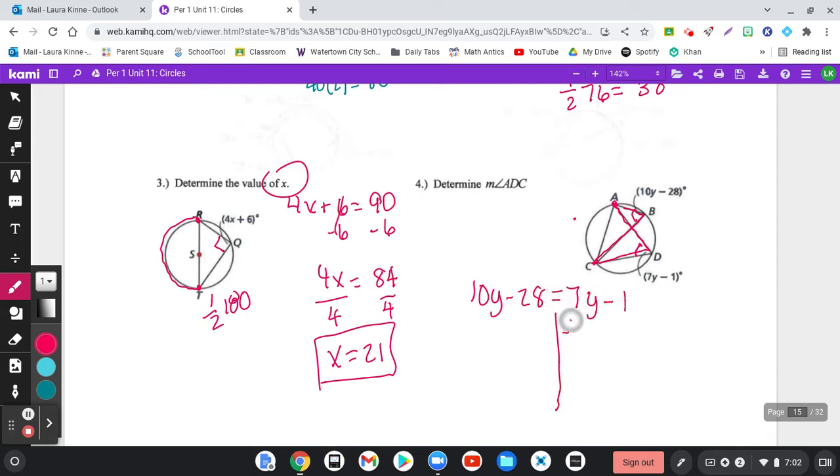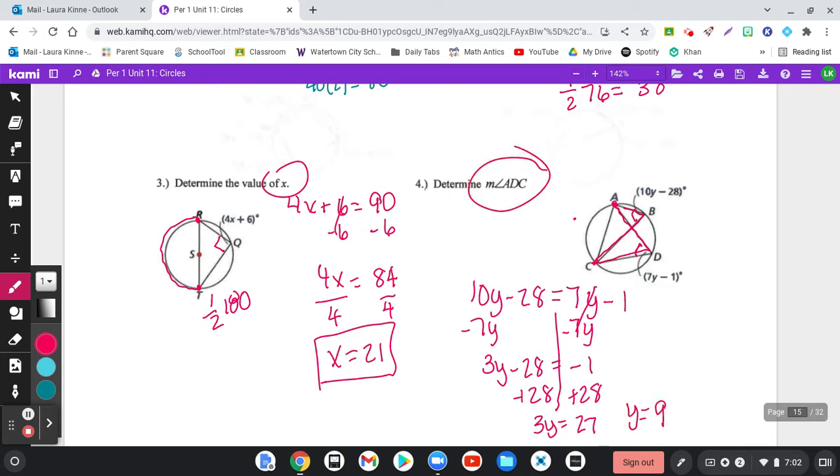A little bit of algebra. I'm going to bring that 7y over. I'll subtract it. 3y minus 28 equals negative 1. Add 28. 3y equals 27. And when you divide by 3, you get y equals 9.